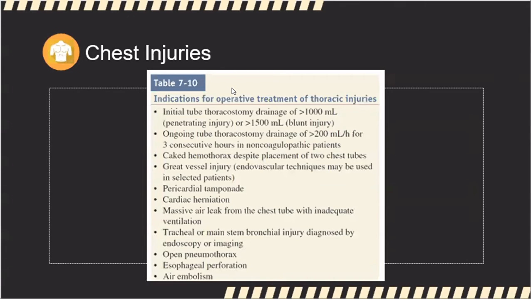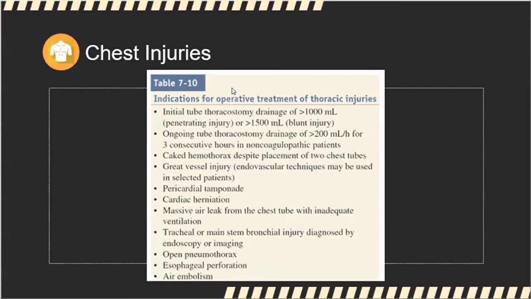Next, going down, we have your chest injuries. We already discussed the most common chest injuries, and the ones that need to be prioritized: your open pneumothorax, your tension pneumothorax, your tracheobronchial fistulas, your plain chest.